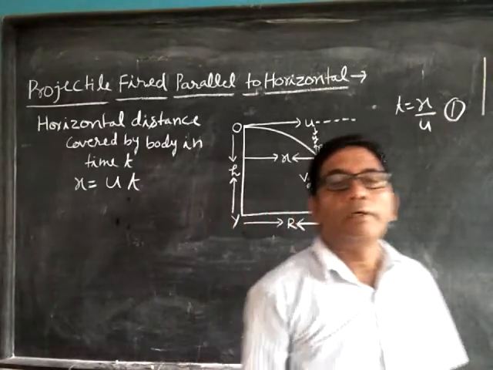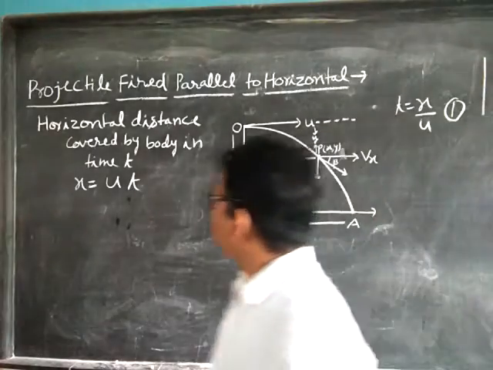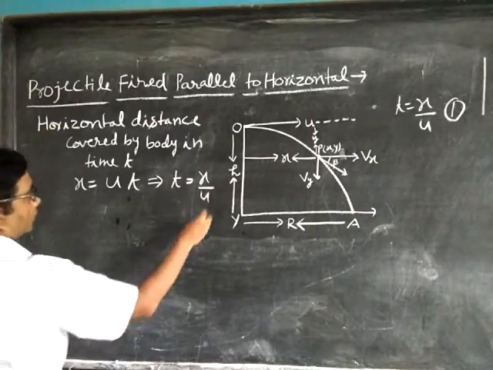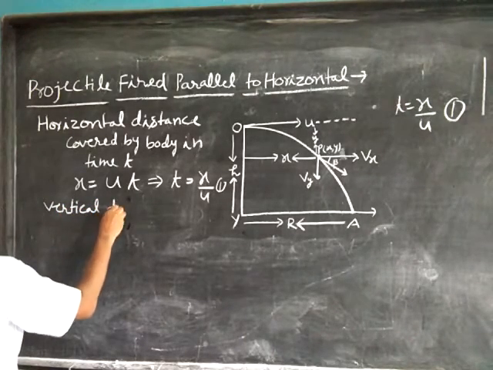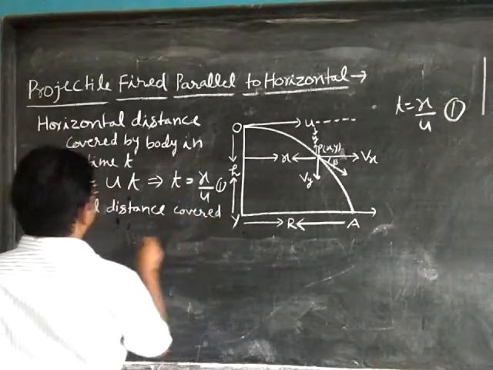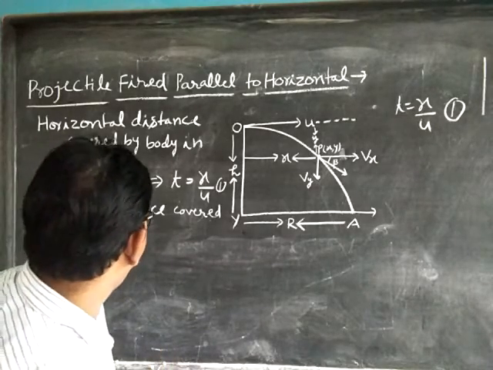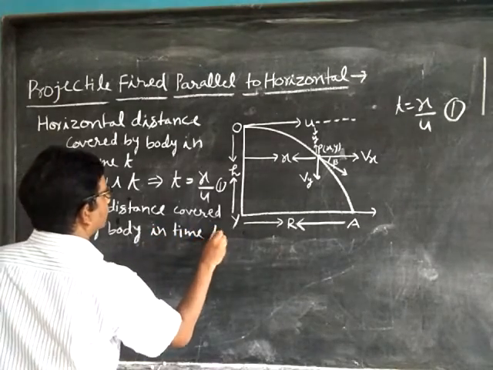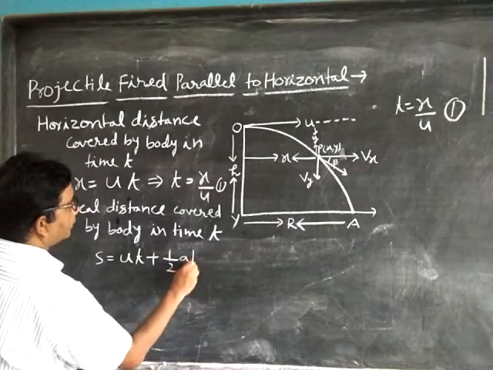Now for the vertical distance covered by the body in time t, we know that s is equal to ut plus half at square.